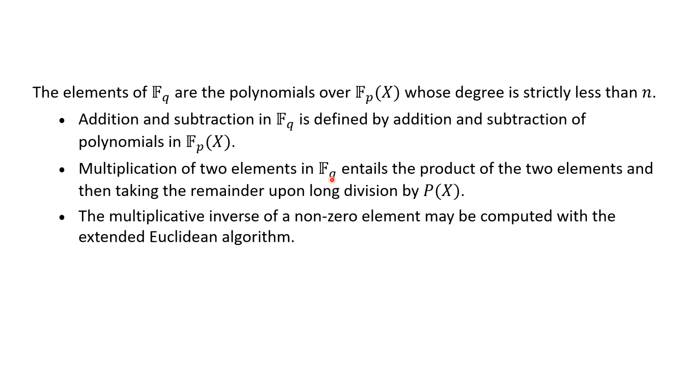Multiplication of two elements in F_q entails taking the product of two elements and then taking the remainder upon long division by p(x). So everything is mod p(x) in this quotient ring. The multiplicative inverse of a non-zero element may be computed with the extended Euclidean algorithm.